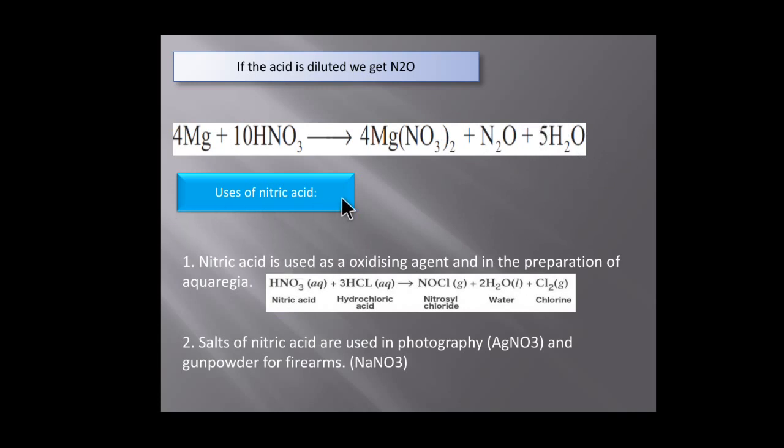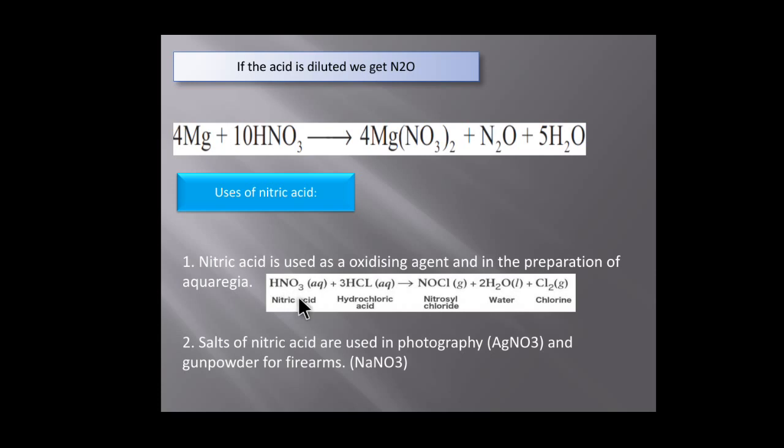And uses of nitric acid. We have been learning nitric acid preparation and properties, so finally we are going to discuss the uses of nitric acid. Nitric acid is used as an oxidizing agent and in the preparation of aqua regia. What is aqua regia?